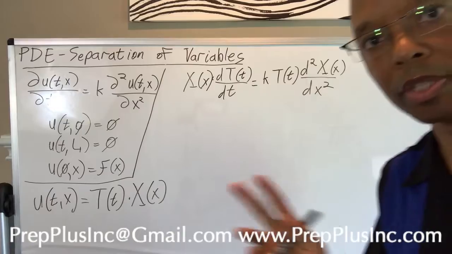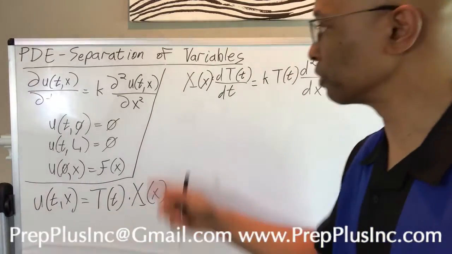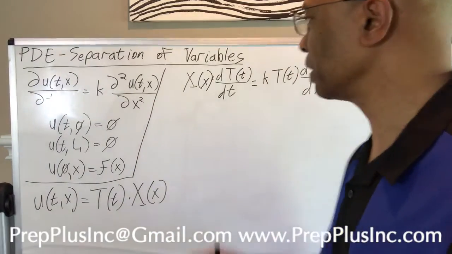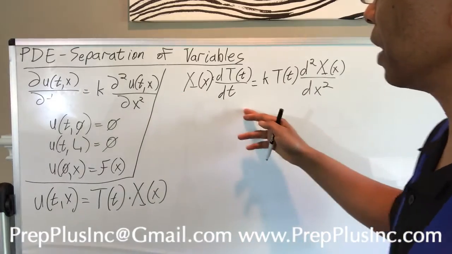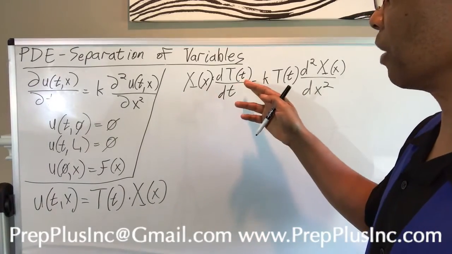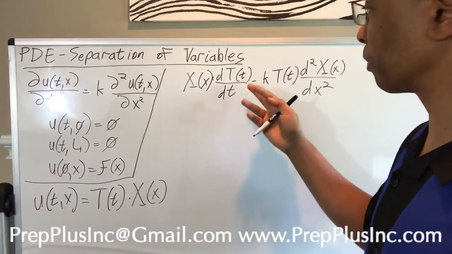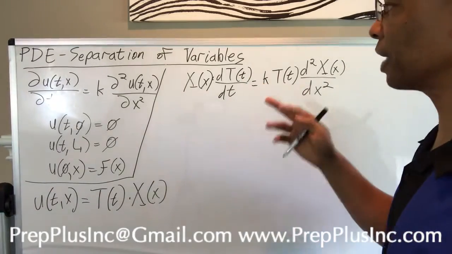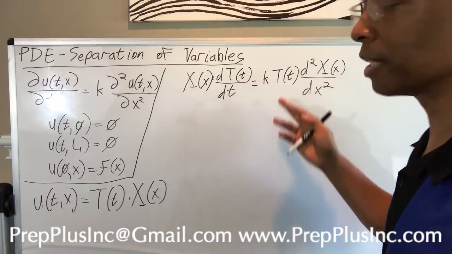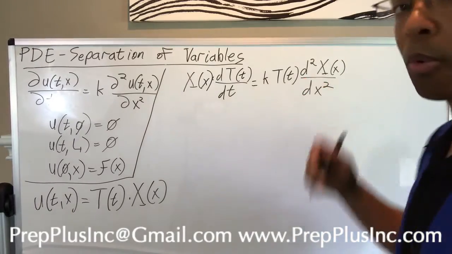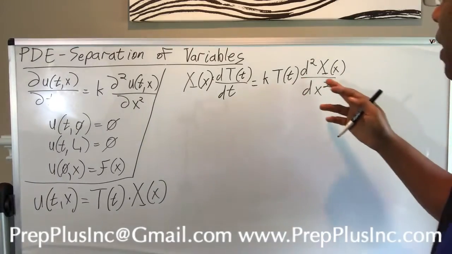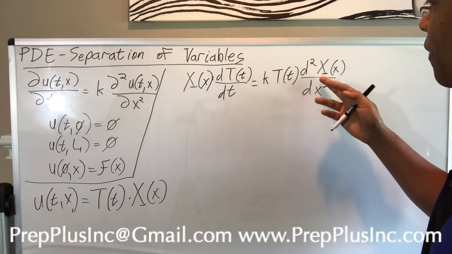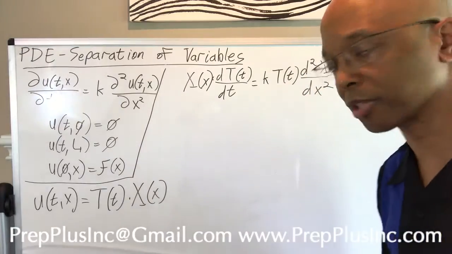All I've done is plug our guessed solution into our partial differential equation, and we get X times the ordinary derivative with respect to time of the function capital T equals k times the time function times the second-order ordinary derivative of capital X with respect to x squared.